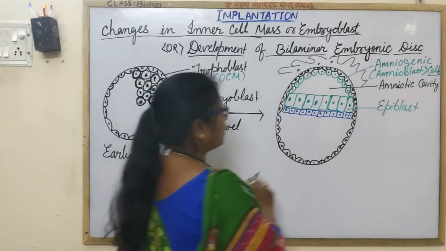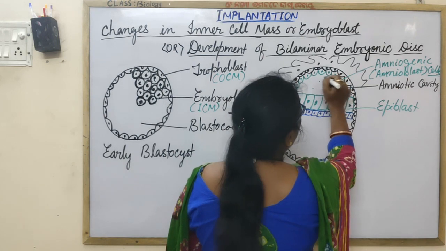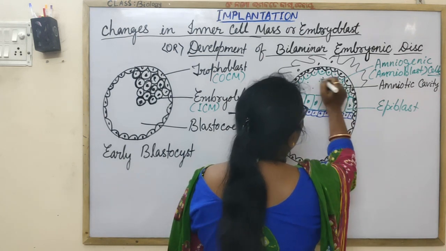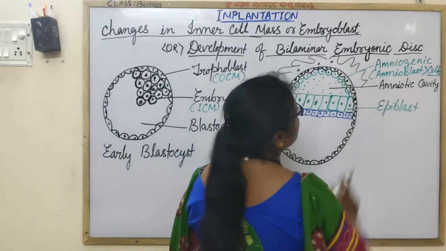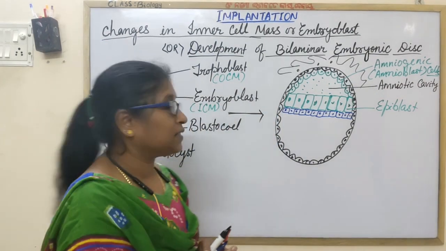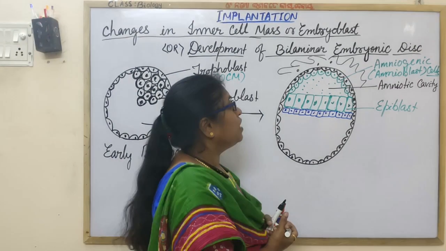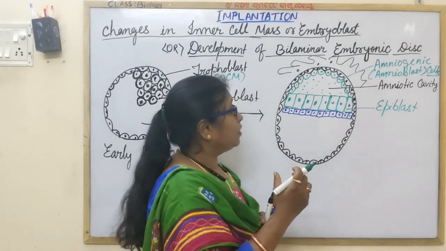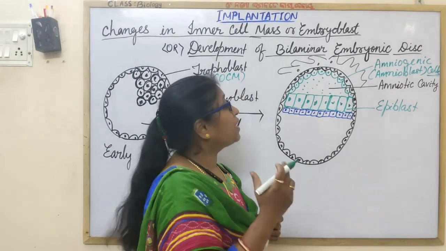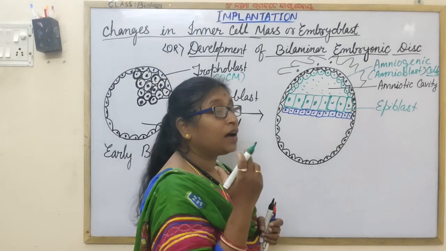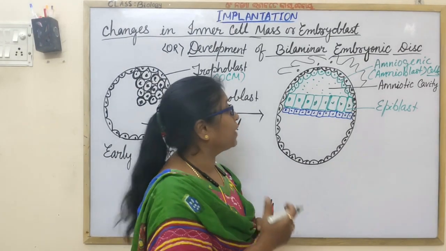This cavity is filled with amniotic fluid secreted by the amnioblast or amniogenic cells. Why is it called an amniogenic cell? It is going to form the amnion, one of the extra embryonic membranes.